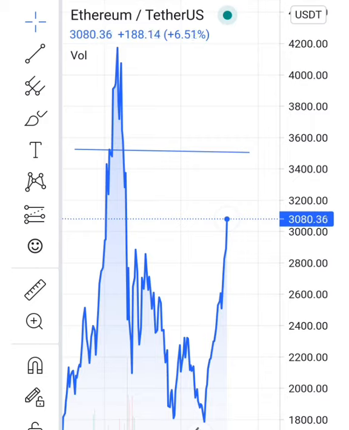So the only next resistance we can have is around 3,504. We should expect that Ethereum should reach that point. When it reaches that point and doesn't break the resistance, then it may retrace back a bit to 3,400 or 3,300 before pushing back to 4,400.